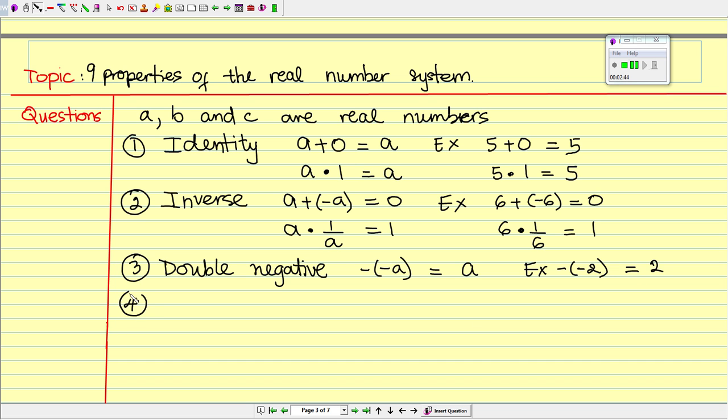Property number 4 is called commutative.